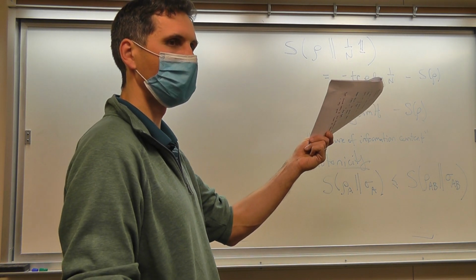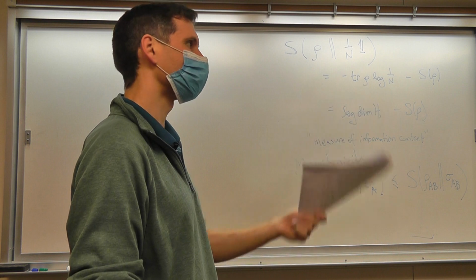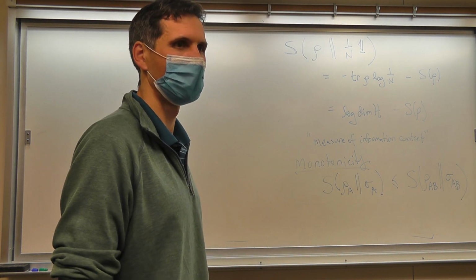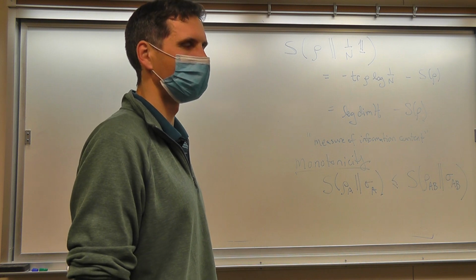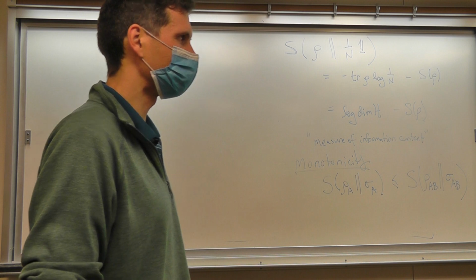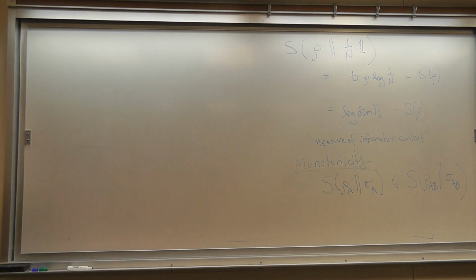Okay, and that is sort of an inequality on who can be entangled with who. I'm not sure I'm going to use mutual information. I might just use strong subadditivity, but they're sort of related.